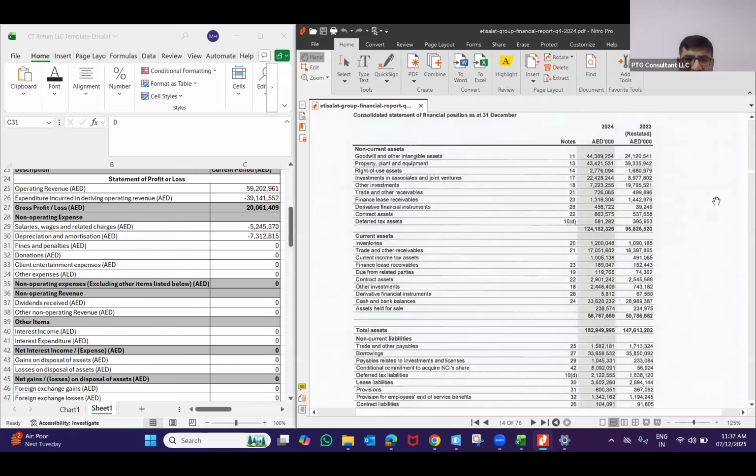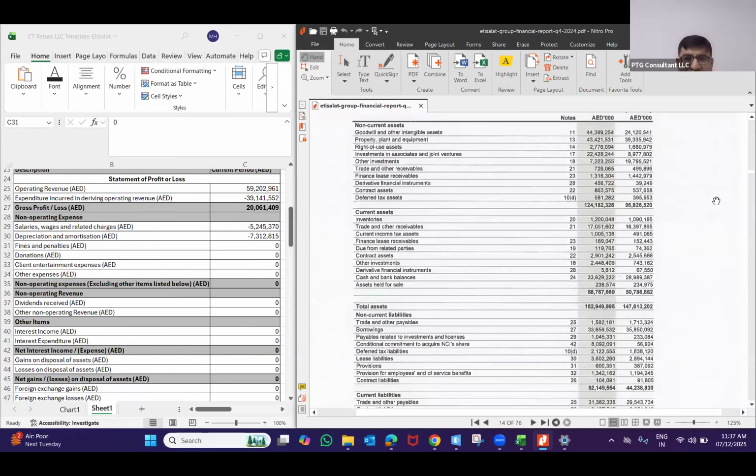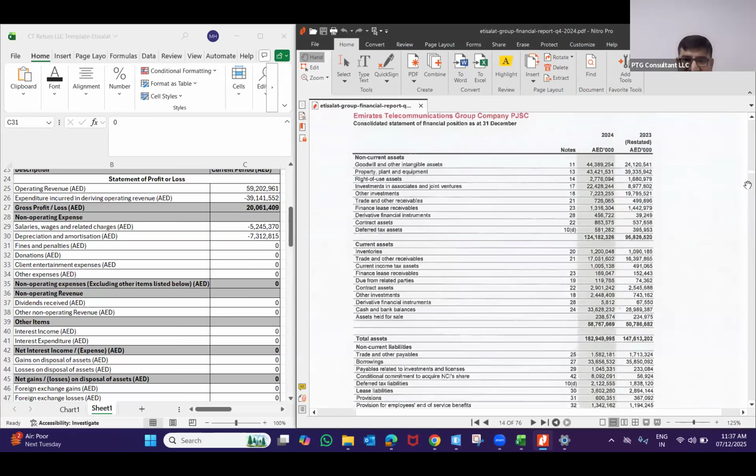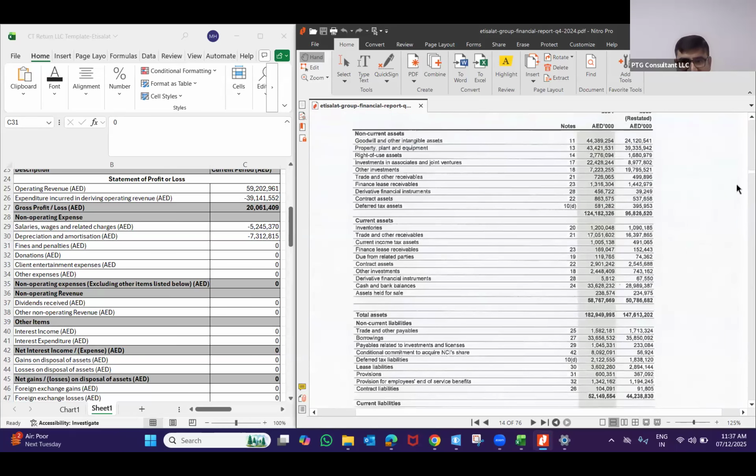Okay, the non-current assets. You might check the property, plant and equipment, note number 13.